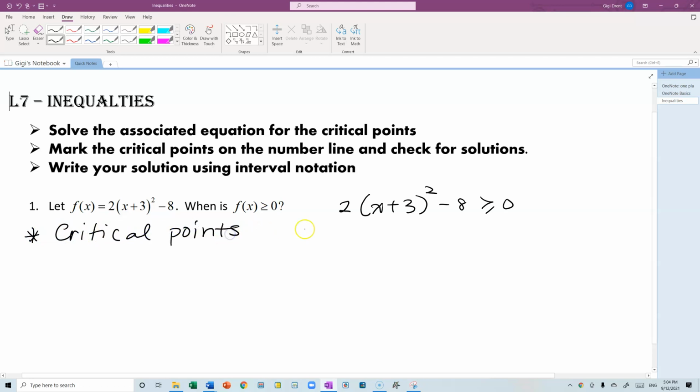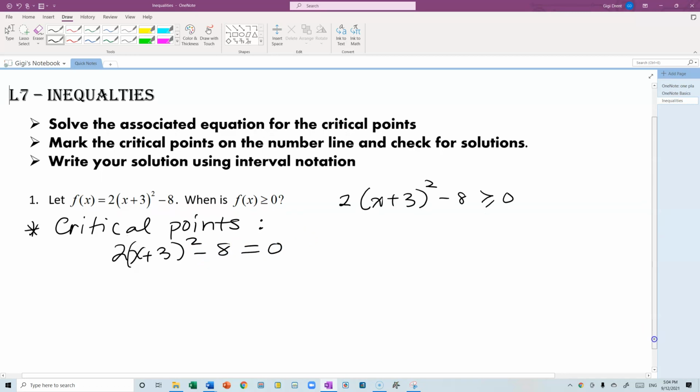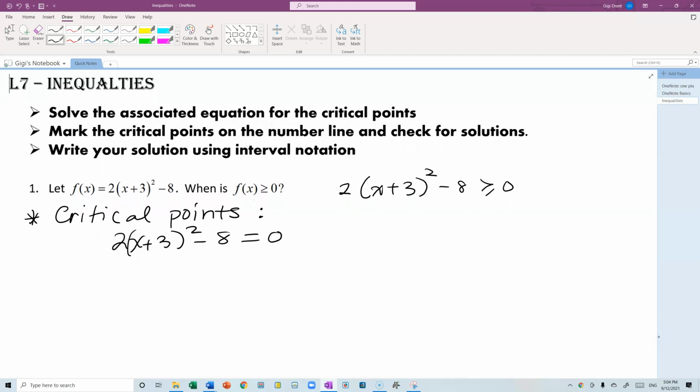Now, how do we find our critical points? That's when 2 times (x plus 3) squared minus 8 is equal to 0. Now, as you can see, this is basically your onion problems, right? So go ahead and add 8, divided by 2. We will have (x plus 3) squared is equal to 4, right?